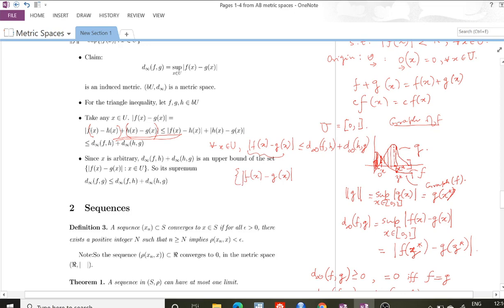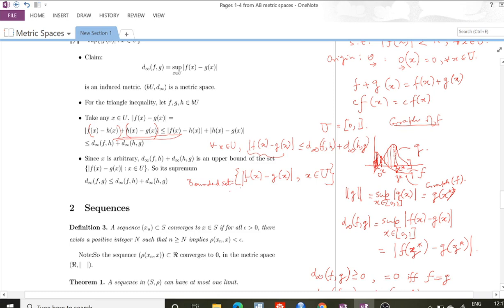The functions f and g are bounded, so this is a bounded set, right? And so it has a sup, of course. That's the distance between these two.